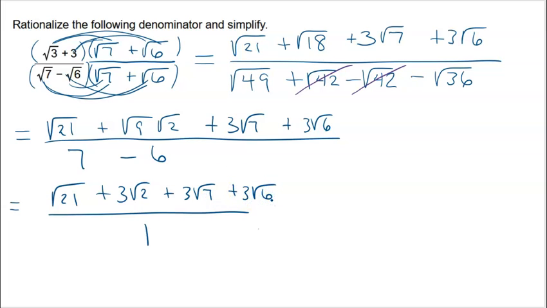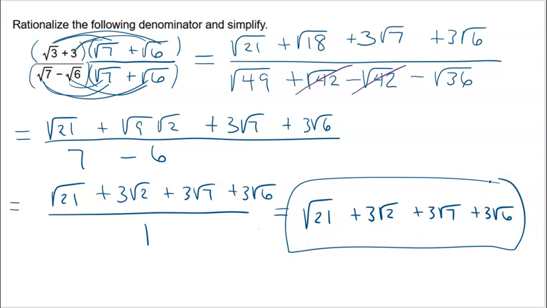And notice I'm just saying 3 square root of 2. That's really 3 times the square root of 2. Now divided by 1, that's going to equal my final answer. And there's no perfect order to write these in as long as you have all 4 terms. So the square root of 21 plus 3 square root of 2 plus 3 square root of 7 plus 3 square root of 6. That's your final answer.